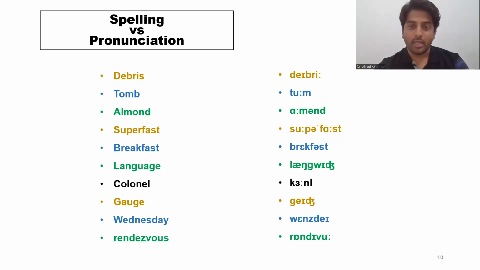So by now maybe you have come to understand the fact that the English alphabet does not have the capacity or power to represent the exact sound of a word, and to fill this gap, to solve this problem, here comes IPA.